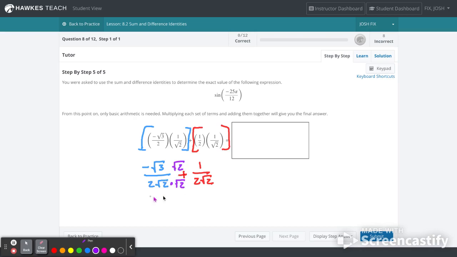And so what that does for us is that ends up giving us, on top, negative square root of 6, because we have the same square root, so we can multiply them together. On the bottom, that gives us 2 square root of, and then we can take the 2 and the 2 and put those together, and that gives us a square root of 4. And we'll simplify that in a second.